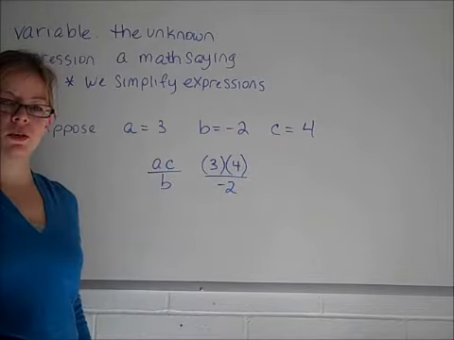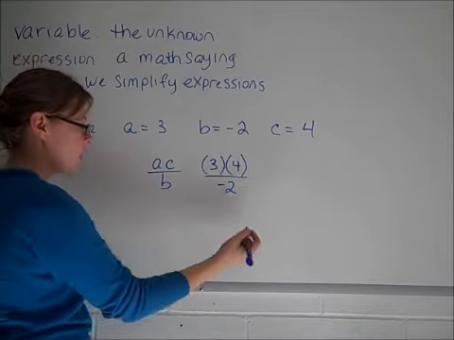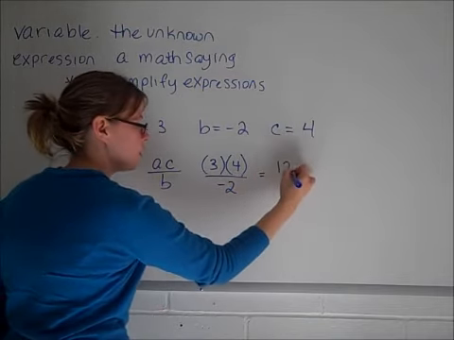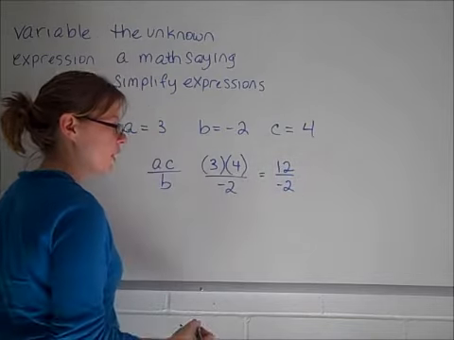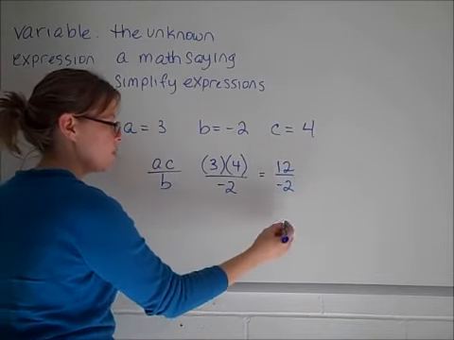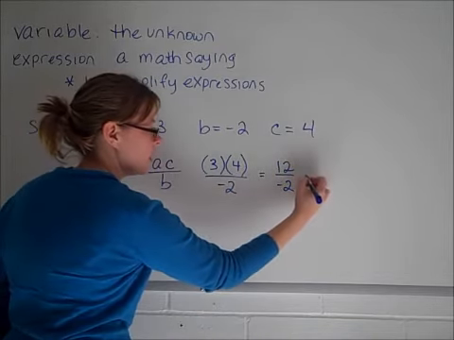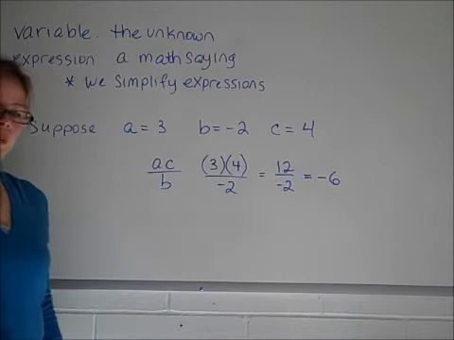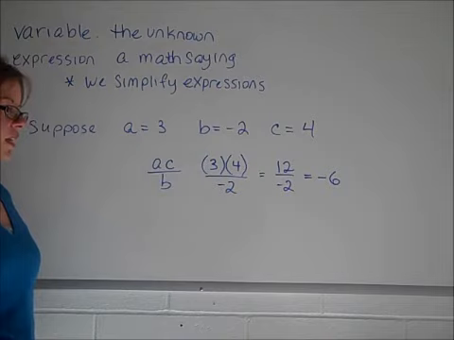After you substitute, you simplify, following the order of operations. So 3 times 4 is 12 over -2. 12 divided by -2, a positive divided by a negative is a -6. So AC divided by B simplifies to -6.